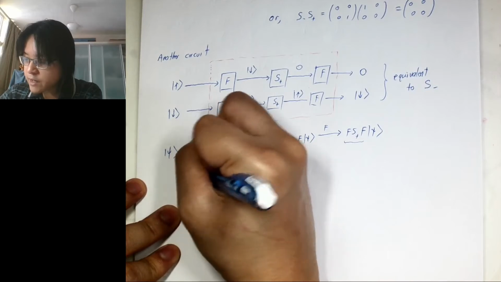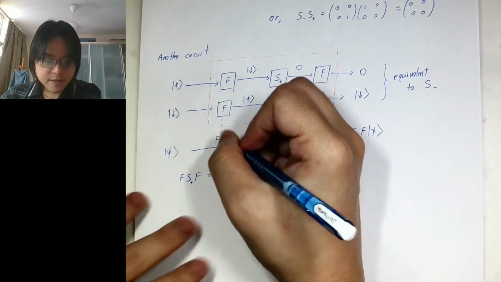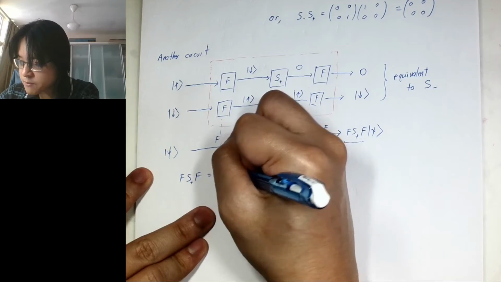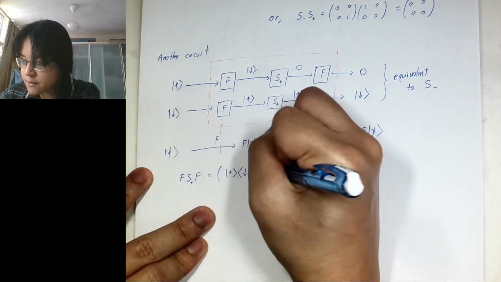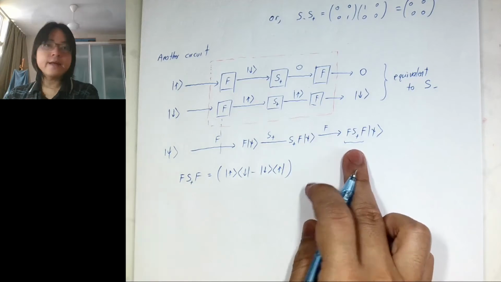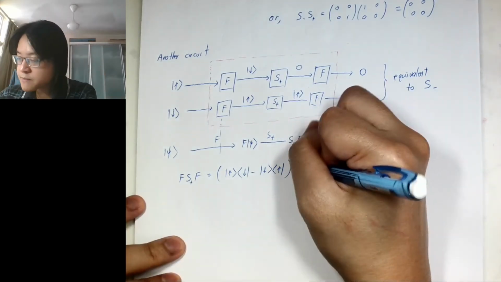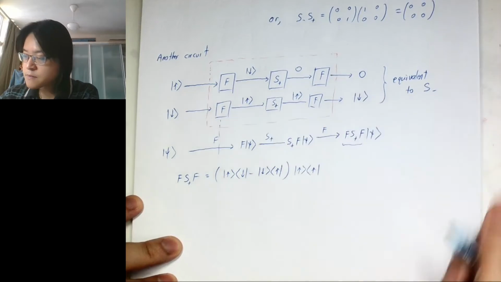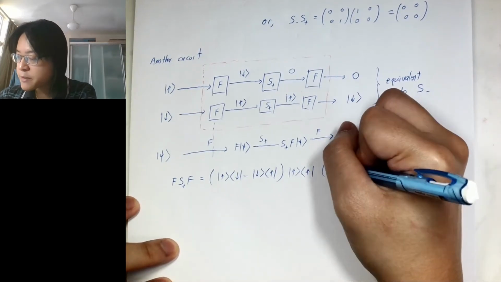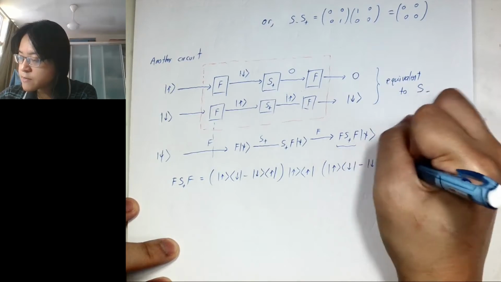F S plus F is equal to: the flipper was up, down, minus, down, up, and then acting on the S plus selector, which is up, up, and then another flipper, which is up, down, minus, down, up.